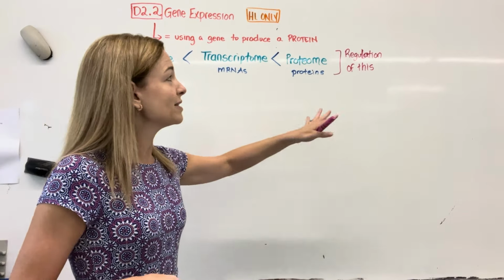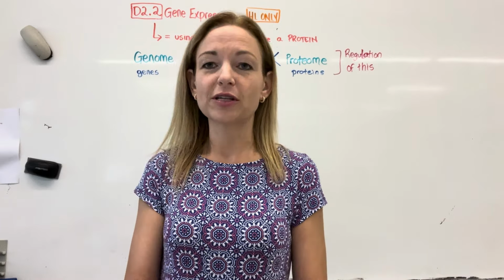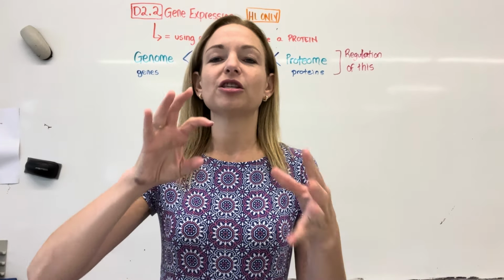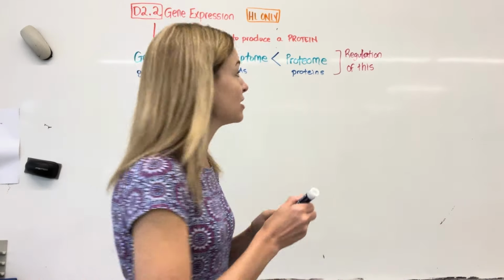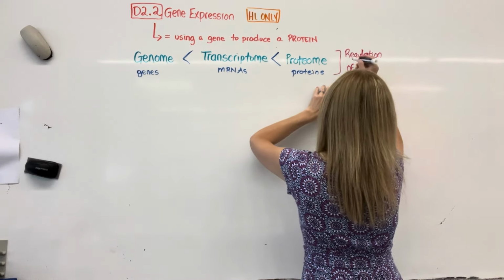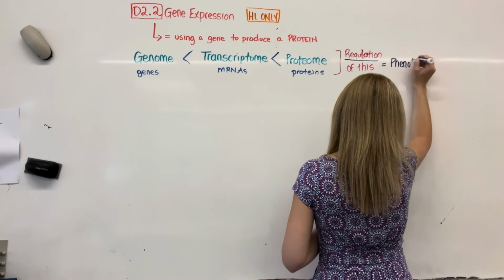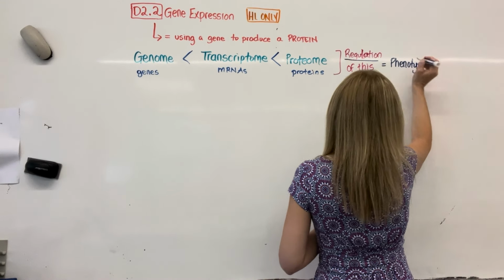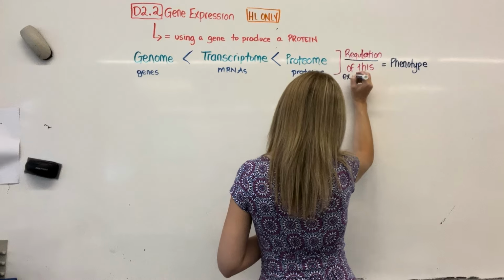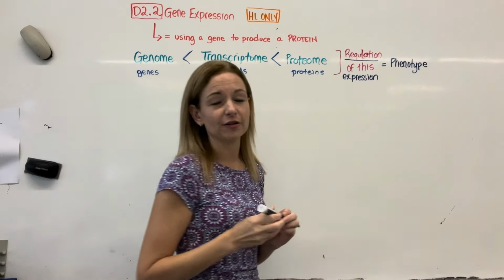So the choice of which to use is what actually gives you a phenotype. Basically, which genes become which mRNAs become which proteins equals the phenotype. So the actual expression of the genes equals the phenotype.